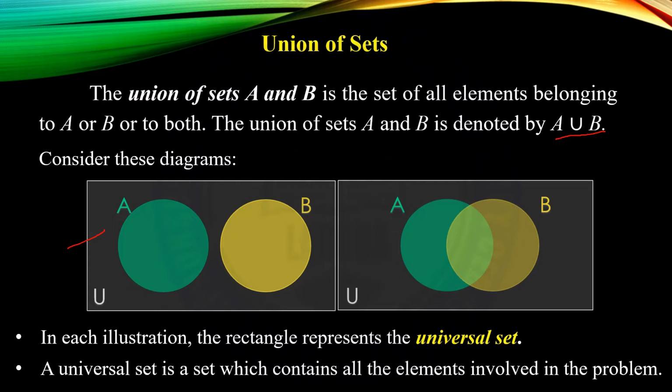The second illustration refers to not mutually exclusive events or mutually inclusive events, in which the two events have the same element or common outcome. Take note as well, class, just for emphasis, that the shaded region in the Venn diagram refers to the outcomes in the experiment. Since set A union B is shaded, all outcomes found there are considered.